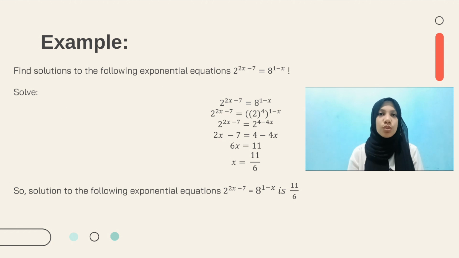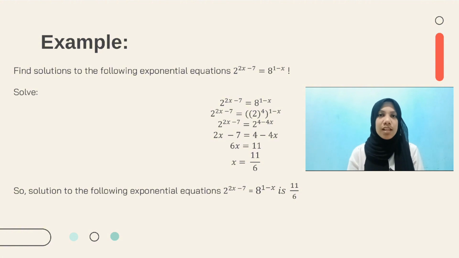So, 2 to the power of 2x minus 7 is, in brackets, 2 squared to the power of 1 minus x. So, 2 to the power of 2x minus 7 is 2 to the power of 4 minus 4x. So, 2x minus 7 is 4 minus 4x.